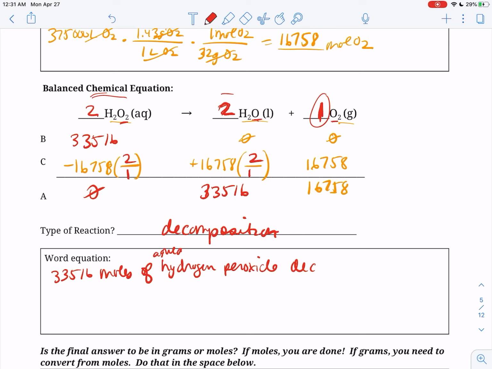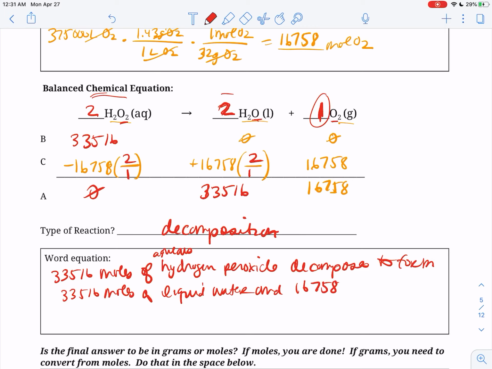Aqueous, because, you know, I always forget that, decomposes to form 33,516 moles of liquid water and 16,758 moles of oxygen gas.